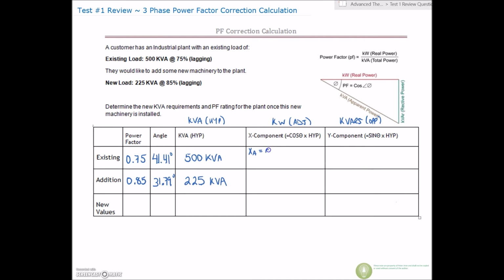So we found our angle to be 41.41 degrees, and we're going to multiply that by our 500 kVA. And the y component for this first vector is going to be the sine of 41.41 degrees, and we'll multiply by our hypotenuse of 500 kVA.